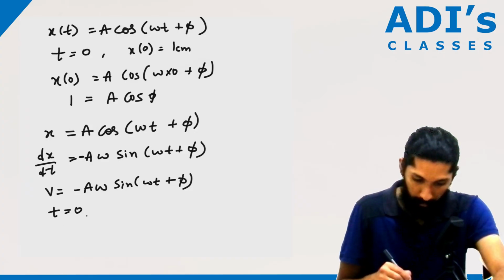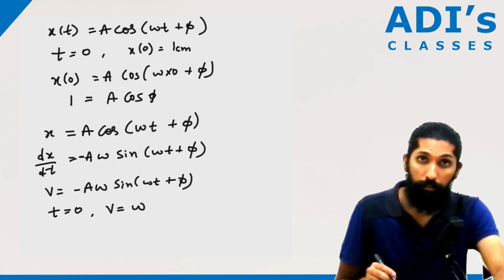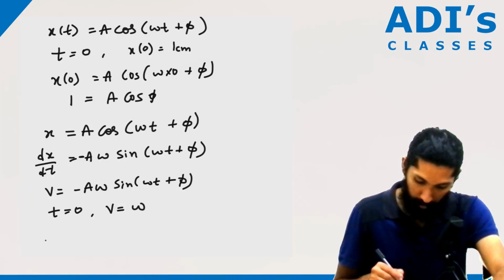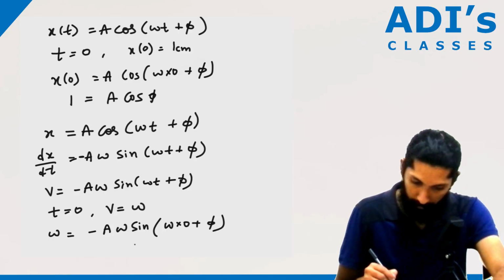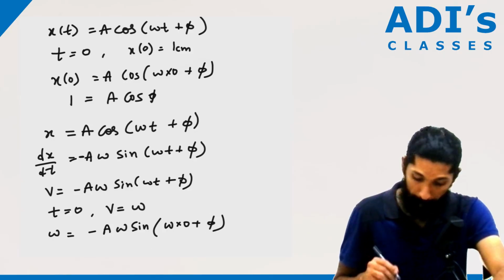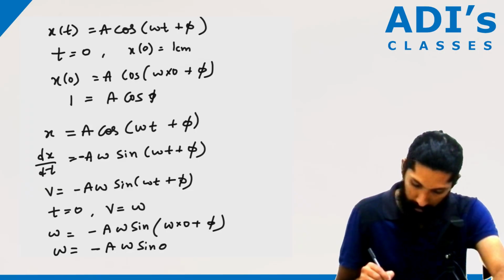Again, at t equal to 0, v is equal to omega, which is given. So omega is equal to minus a omega sine of omega into 0 plus phi. Now omega is equal to minus a omega into sine phi.